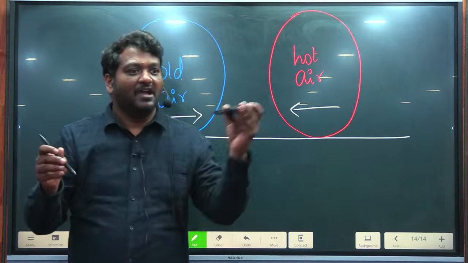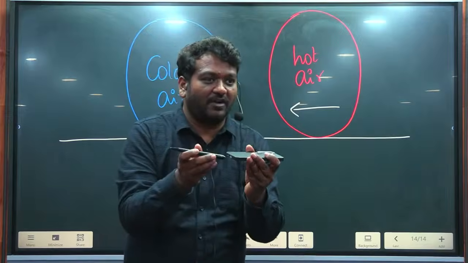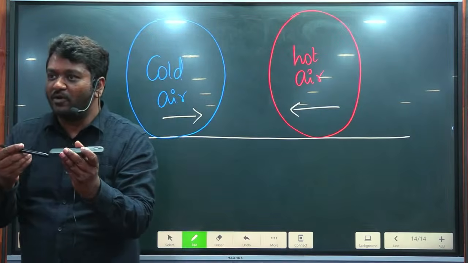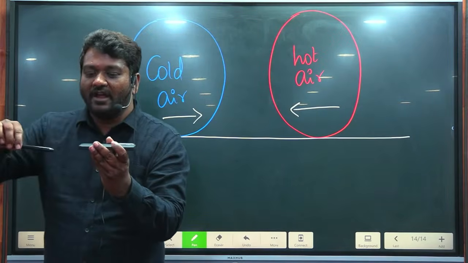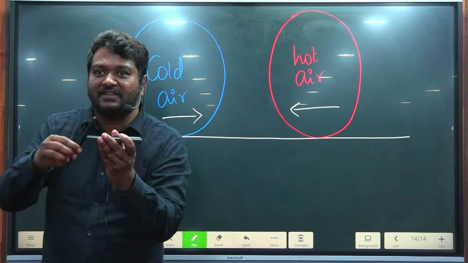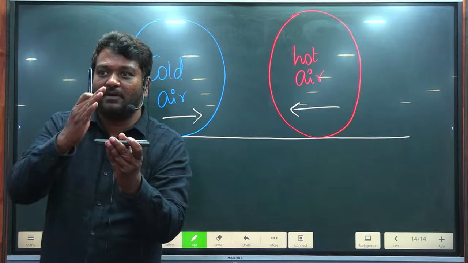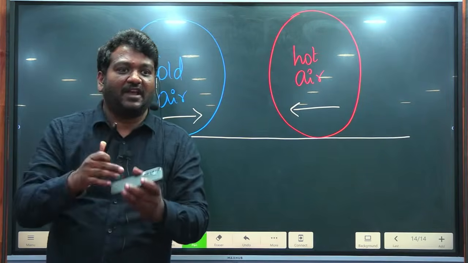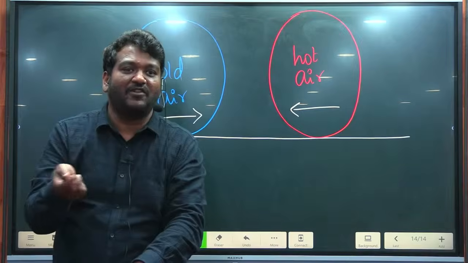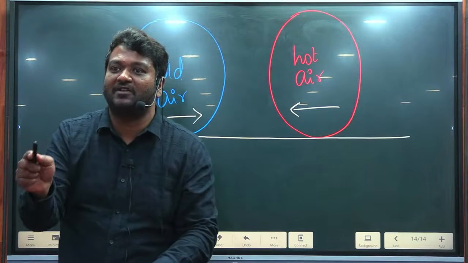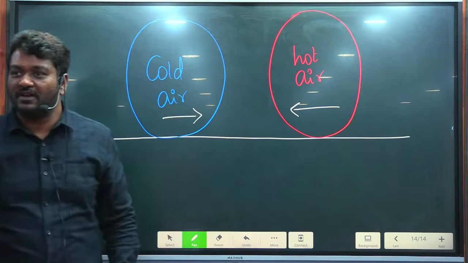Bike. That means whether cold air hits hot air or hot air hits cold air, which air rises? Hot air. Can I say if hot air is rising, number of particles keep reducing because it is going above? If it keeps on rising, can I say number of particles reduces? If number of particles reduces, what is the meaning of that? It is low pressure area.